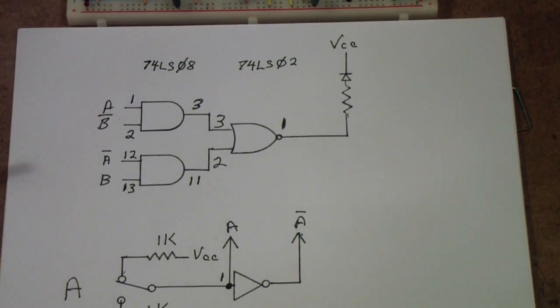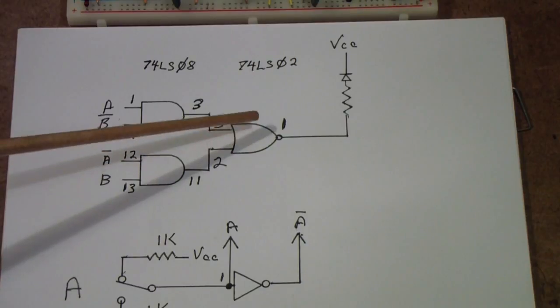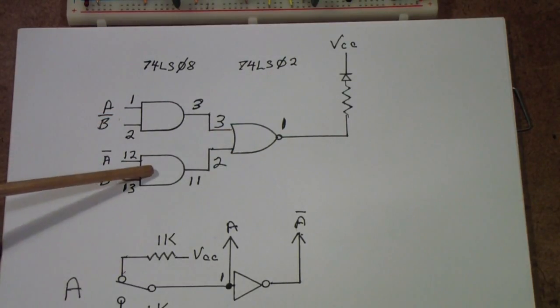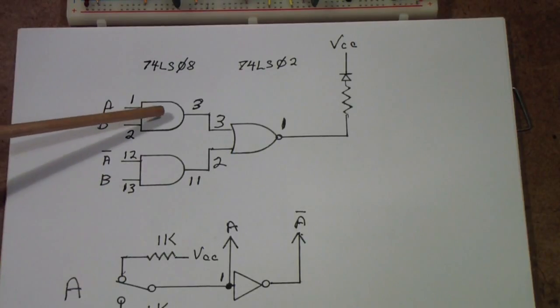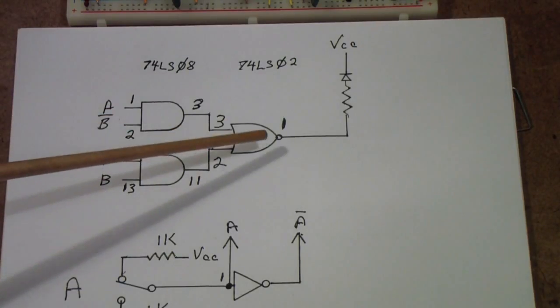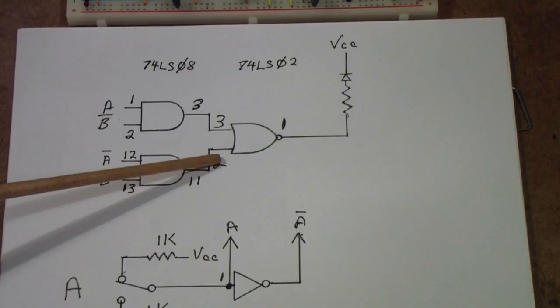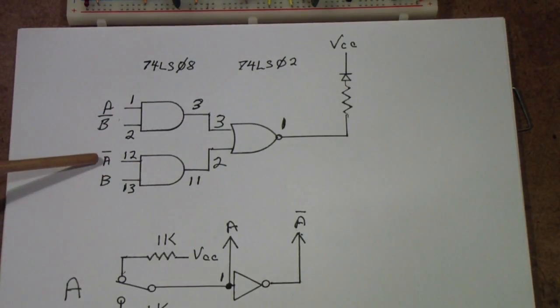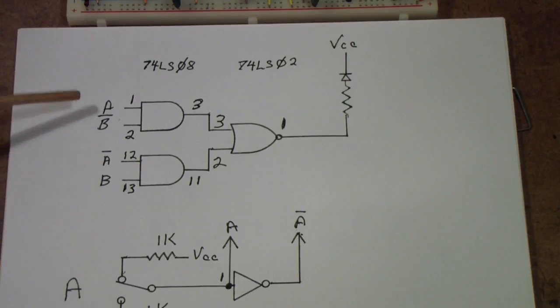It's also sometimes called the sum of products. The reason is the OR gate is the sum gate. The AND gate is the product gate. So this is the sum of two products. Each product is the product of A bar B or A B bar.